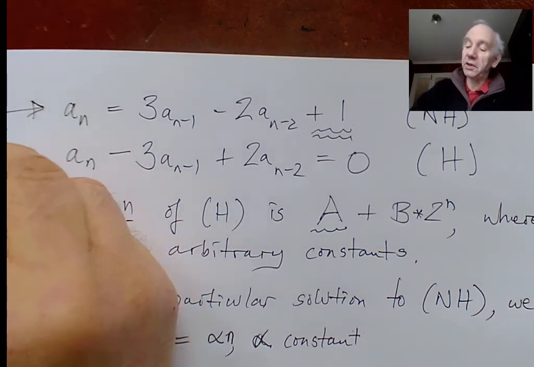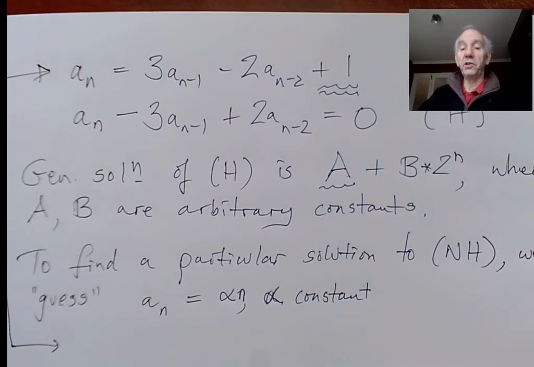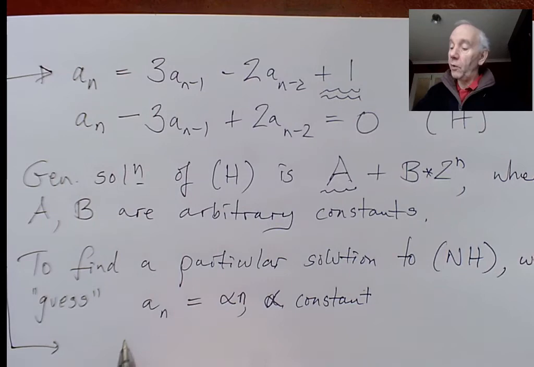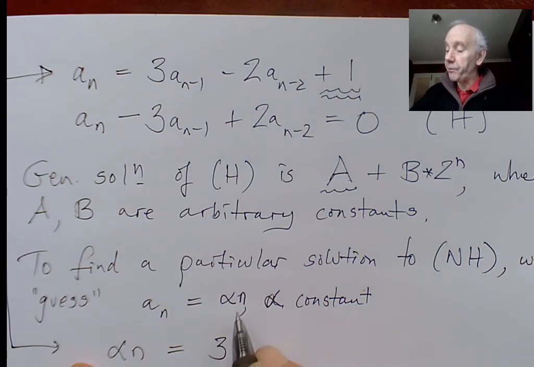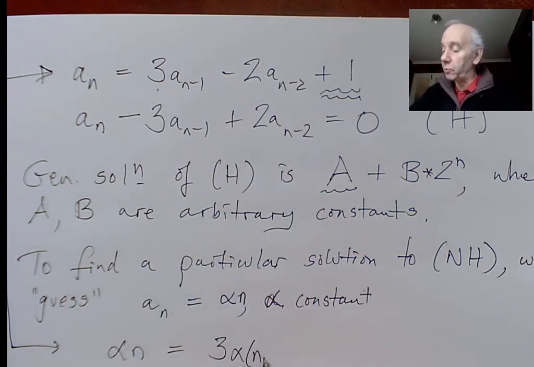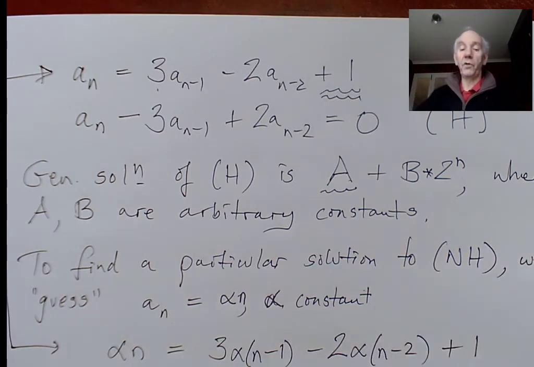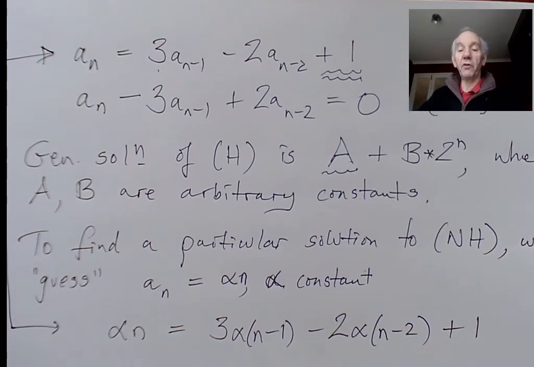Substituting that into the original non-homogeneous equation, we get alpha n equals 3 times alpha (n minus 1), because a_{n-1} would be alpha (n minus 1), minus 2 alpha (n minus 2), plus 1. We need to just solve this for alpha.